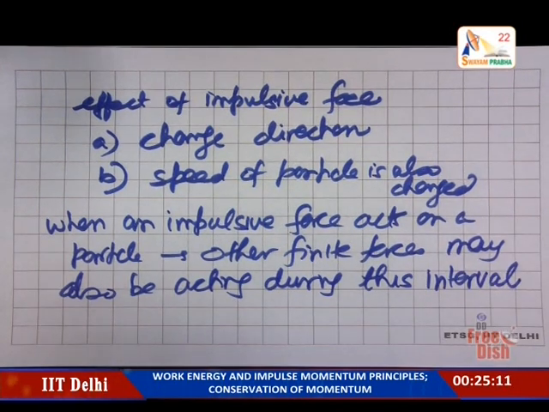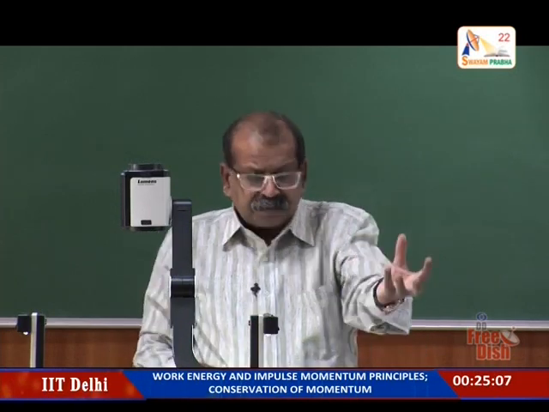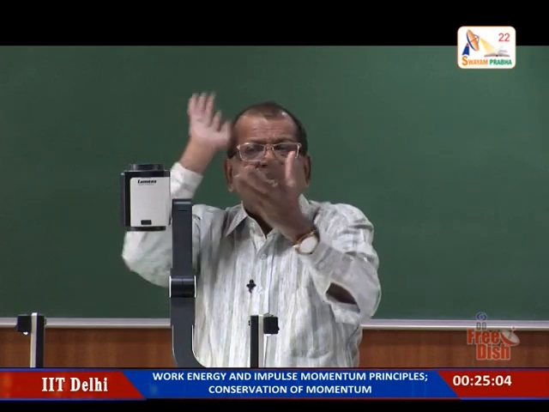When an impulsive force acts, it is possible other forces are also acting. For example, when the tennis ball is coming and is being hit by the racket, gravity is also acting during this time.